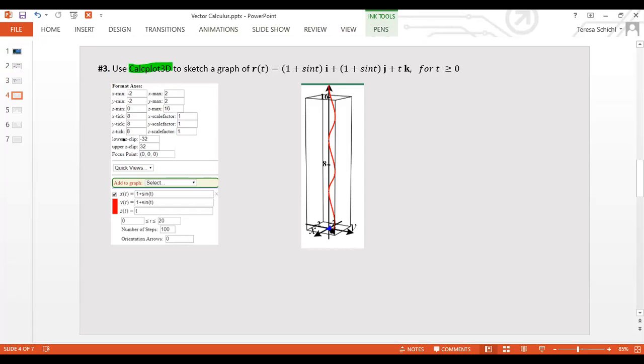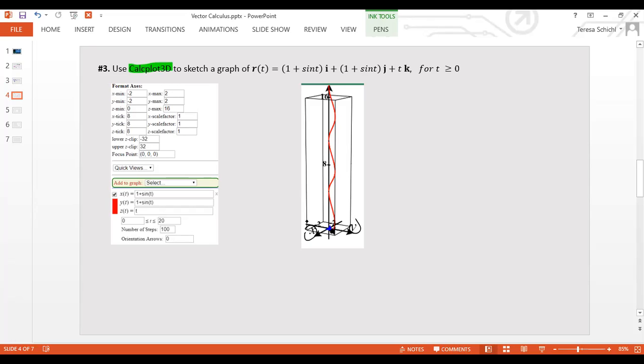So here is what you input, but this is the output. That's what we call a space curve. When t goes from greater than 0 to infinity, this is how the space curve looks. This is the x-axis, this is the y-axis, and this is z. That's how the space curve goes.